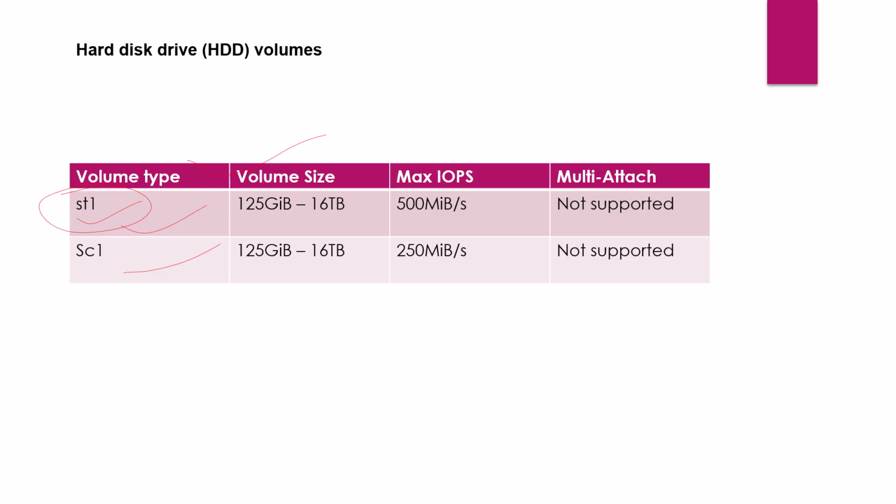We rarely use this volume, and this also does not support multi-attach. For volume size we can assign from 125 GB to 16 terabyte. You can search, this is not commonly used, rarely used. We use it only from the cost perspective.